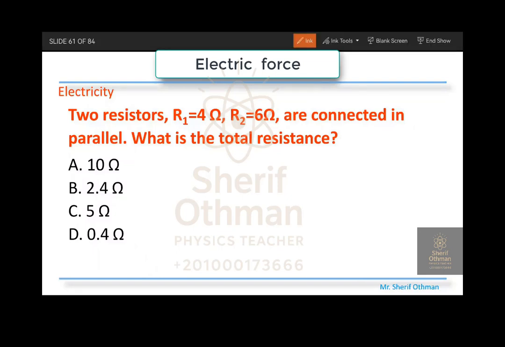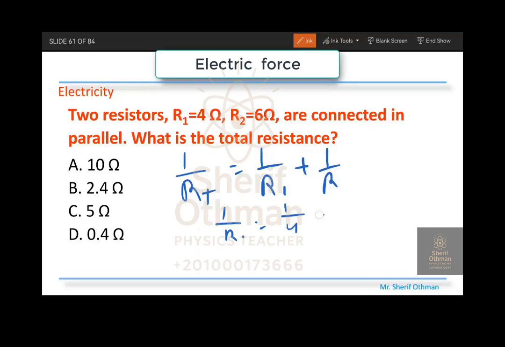So we said 1 over R total is equal to 1 over R1 plus 1 over R2. So 1 over R total is equal to 1 over R1, which is 4 ohm, plus 1 over R2, which is 6 ohm.